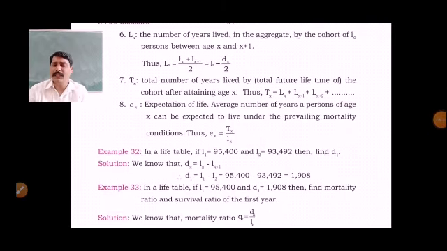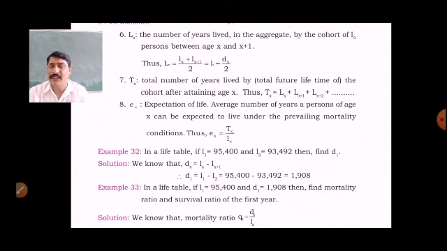So capital Lx, the sixth column, is the number of years lived in aggregate by the cohort of L0. Persons between age x and age x plus 1, that is the average of persons who lived. At age x, L0 is 1 lakh and L1 is 99,900.